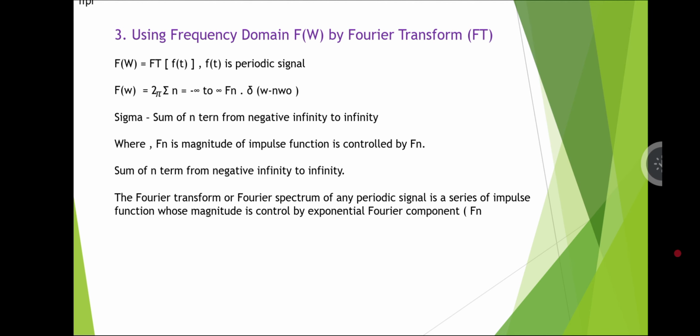Now the third point is the frequency domain by Fourier transform. Now see the relation again. It's the same thing. The sum of n terms from negative infinity to infinity, where Fn is the magnitude of the impulse function, is controlled by Fn.